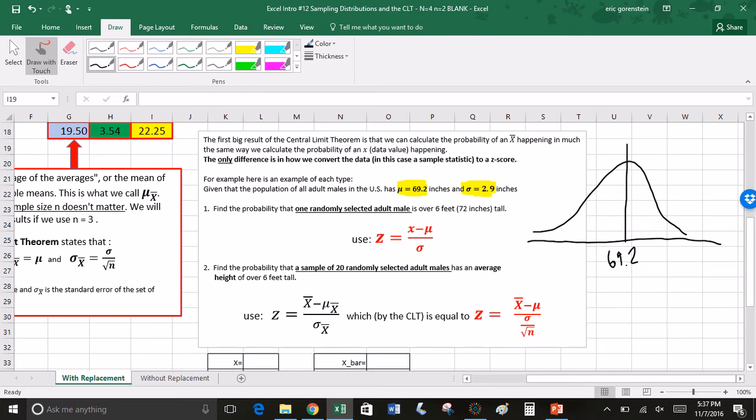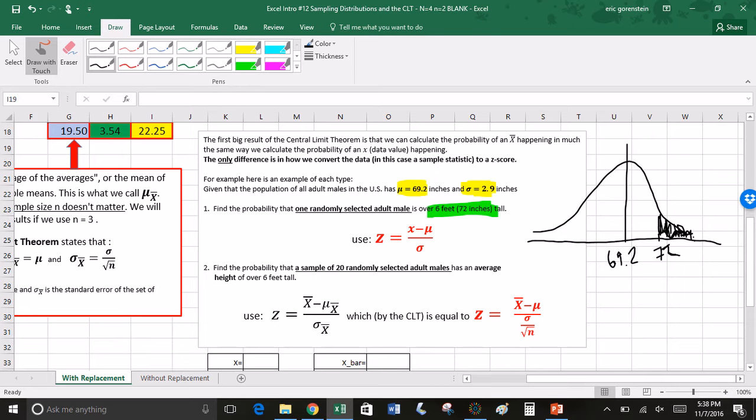The probability that one male is over 72 inches is the area to the right of 72. So this area to the right of 72 is the probability that one randomly selected X value, or one randomly selected adult male, is over 72 inches.